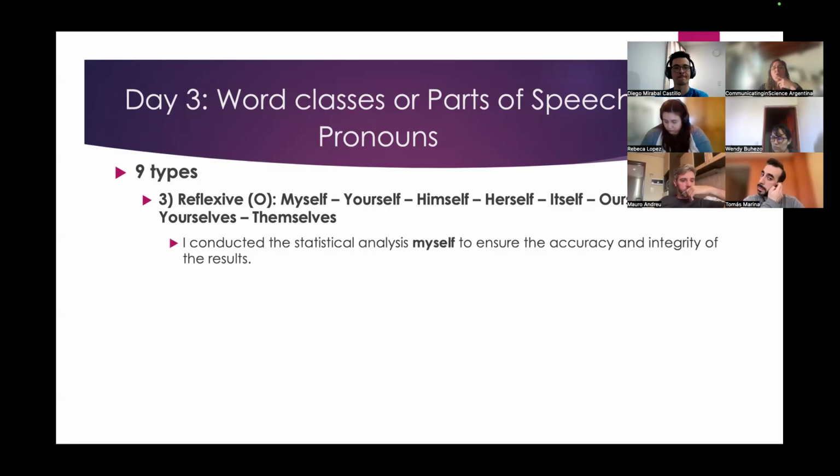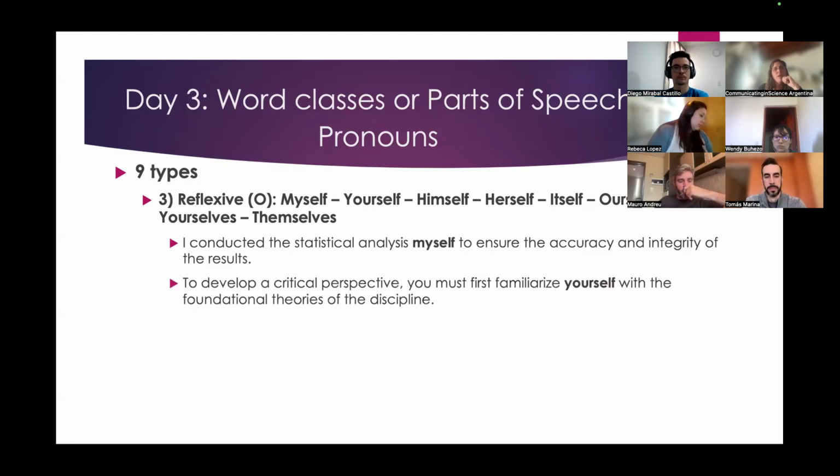So the example we have is, I conducted the statistical analysis myself to ensure the accuracy and integrity of the results. So I did it myself, yo misma. To develop a critical perspective, you must first familiarize yourself with the foundational theories of the discipline.